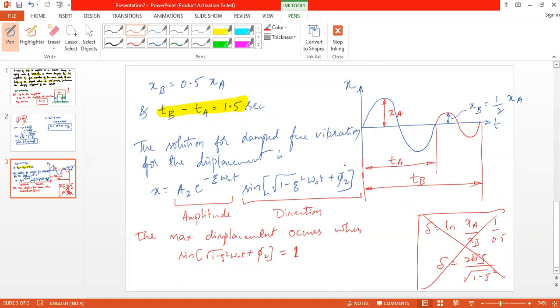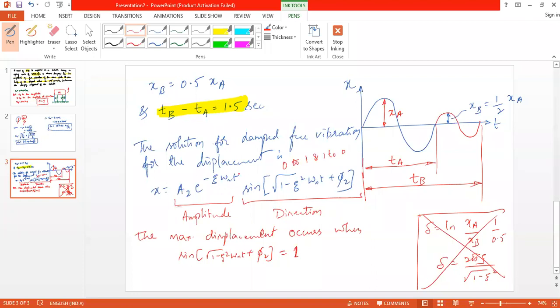See, the value of the direction varies from 0 to 1 and 1 to 0. That is, 0 to 1 is from 0 degree to 90 degree, and again 90 degree to 0, so it varies from 1 to 0.